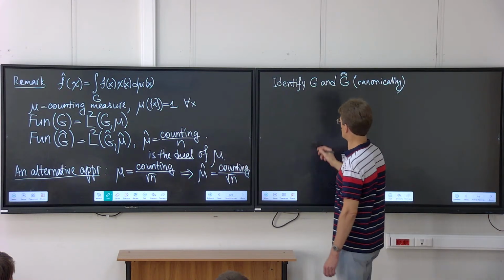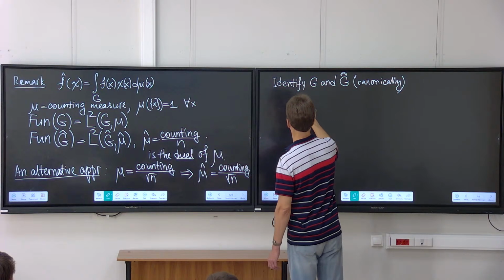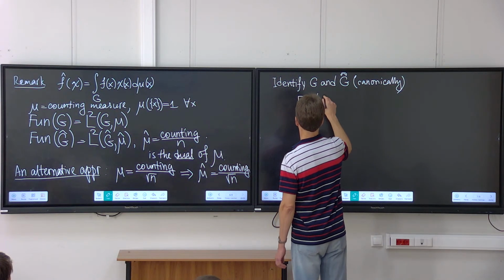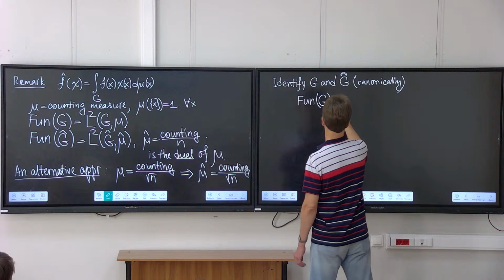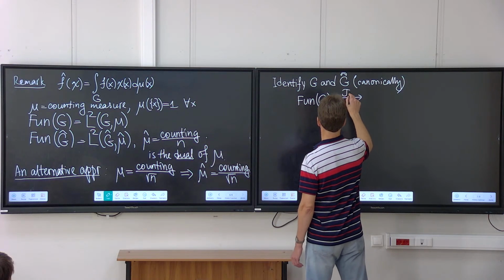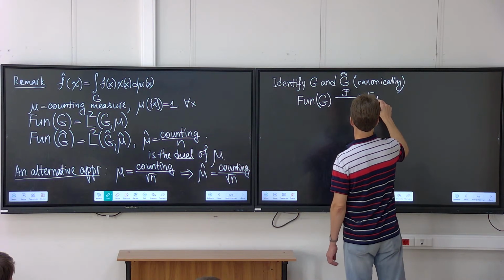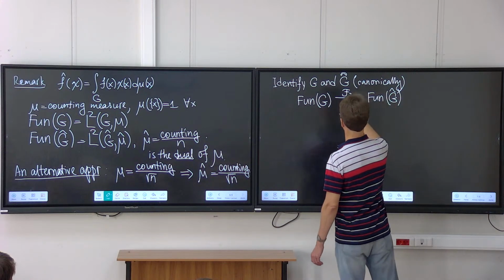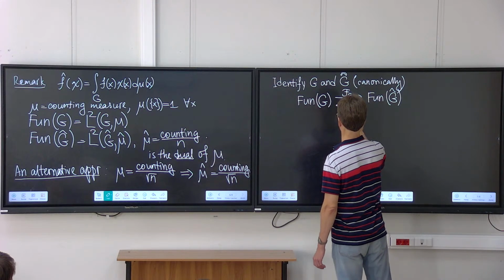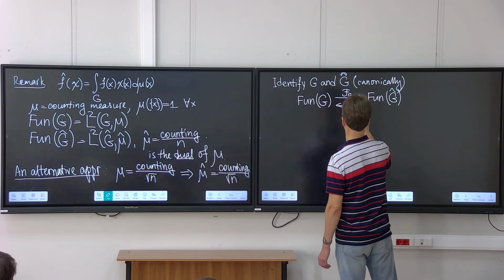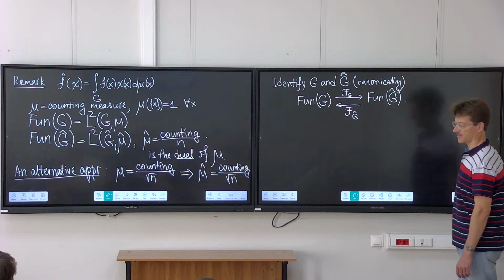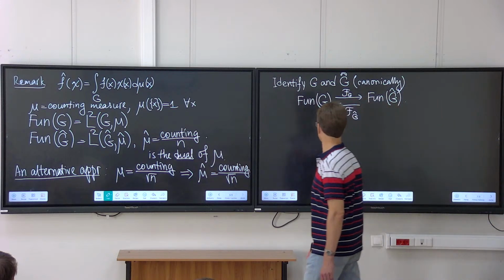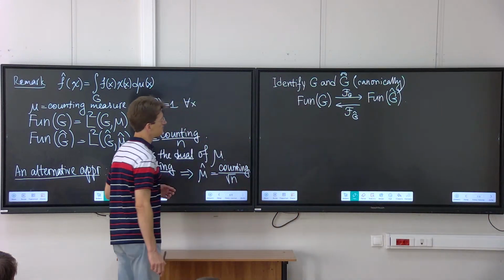Then we have two maps which act in the opposite directions. The Fourier transform of G acts from the space of functions on G to the space of functions on G hat. And the Fourier transform of the dual group acts in the opposite direction. The initial question is, how are they related to each other? The relation is very simple.